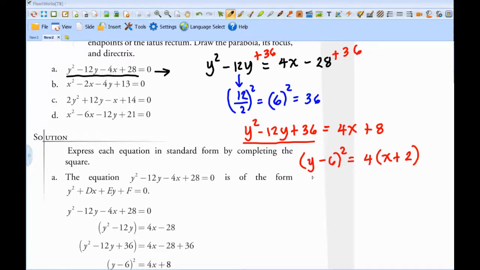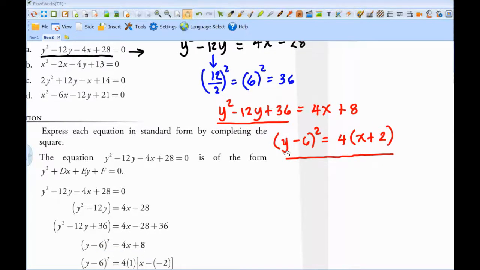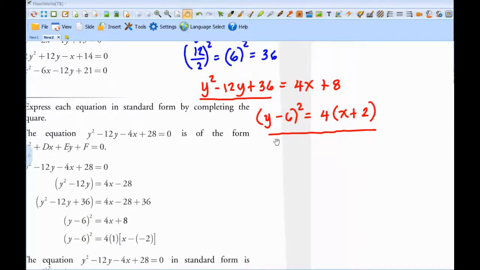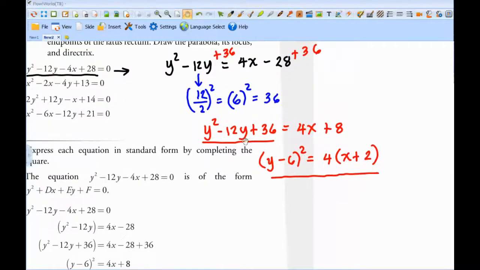Look, we are now in the standard form, right? We can now get the values of our h and k. So you remember, if the p is bigger than 0, then the parabola opens to the right.